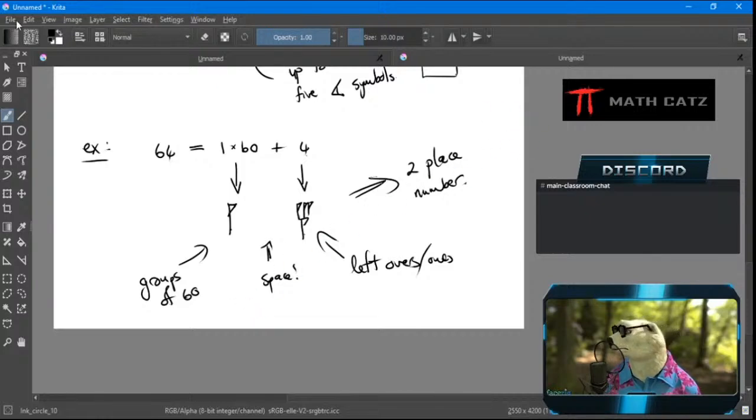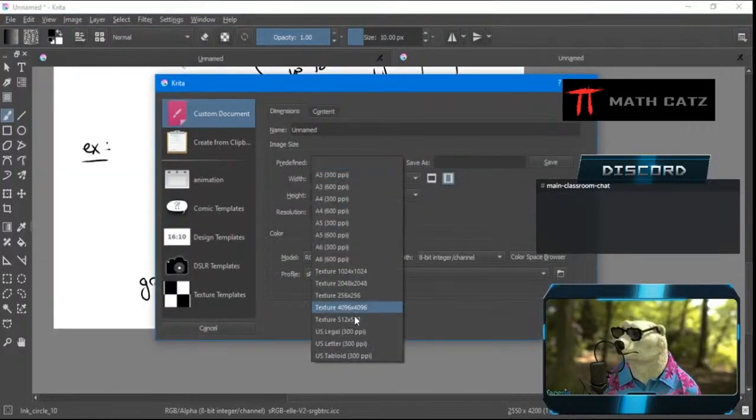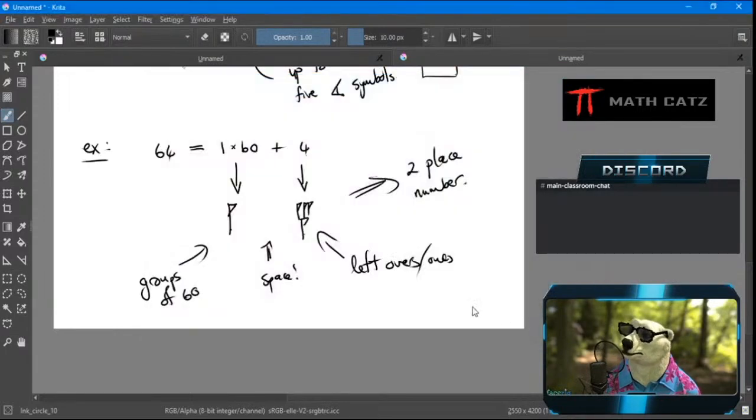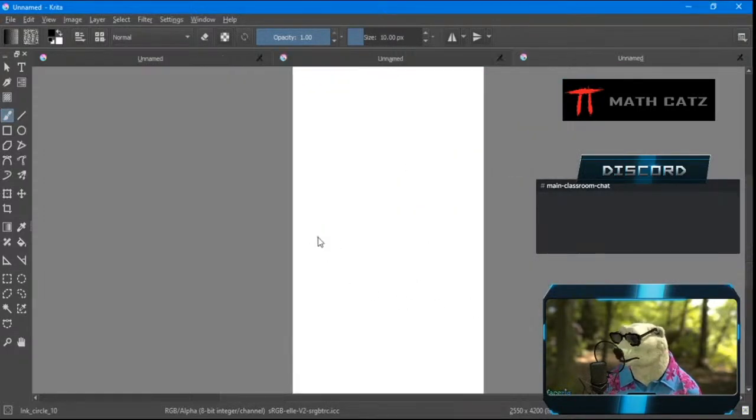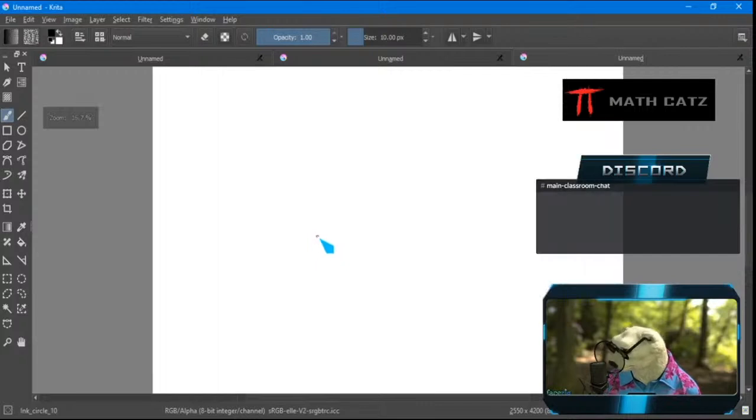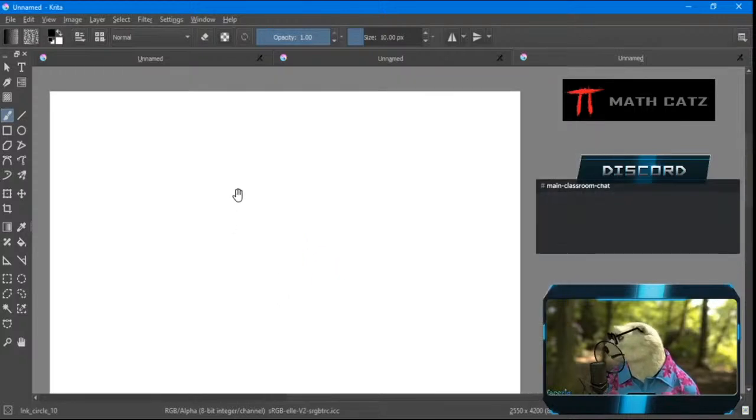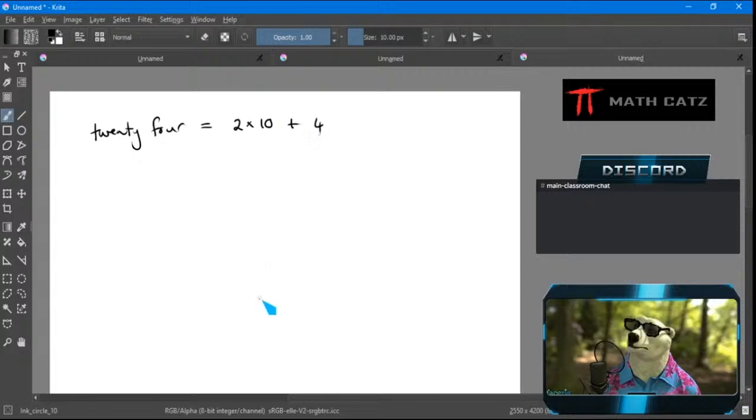Now, this isn't that foreign, really, when you think about it. That's exactly what we're doing in our decimal system. Except we say, let's say 24, and I'm going to write it in words so it looks a little strange. 24 is 2 groups of 10 plus another 4.